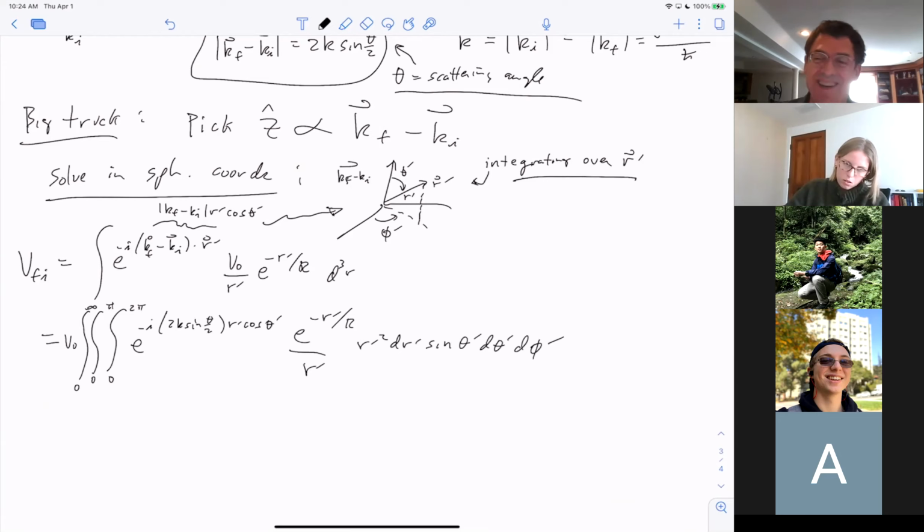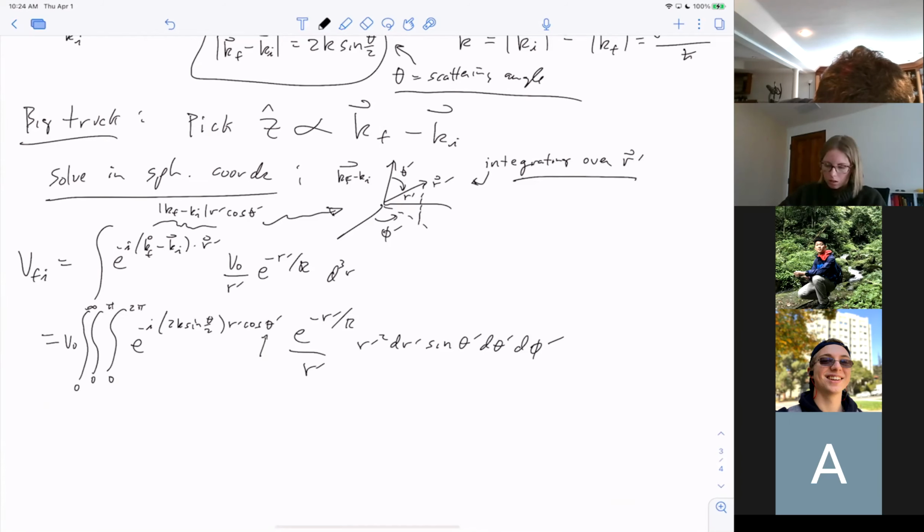Okay, that's the trick. And it's actually pretty simple. If you're getting lost in the math, then don't worry, go home and do it, and you'll see that it's quite straightforward. It's just a bunch of little steps. But the thing to remember is that this theta prime is the integrating variable, and this theta is the scattering angle. So you've got to keep it all straight.